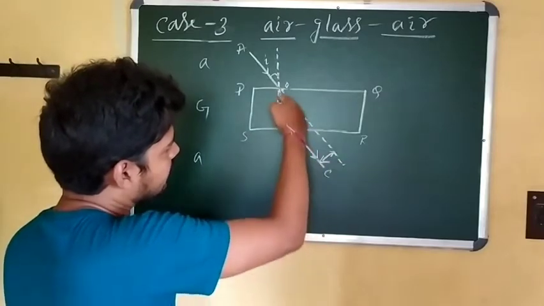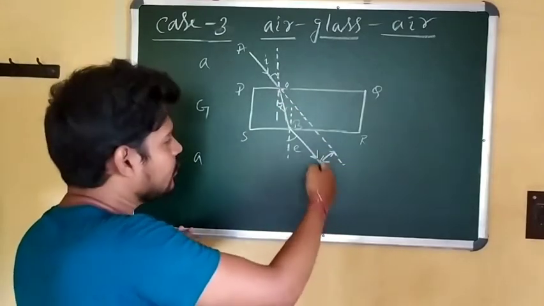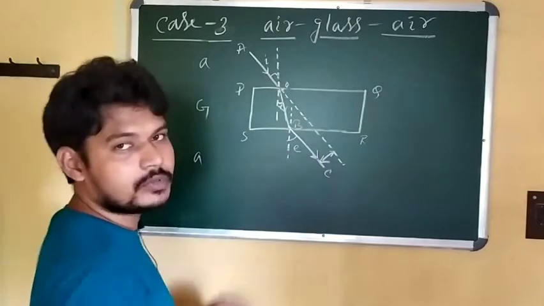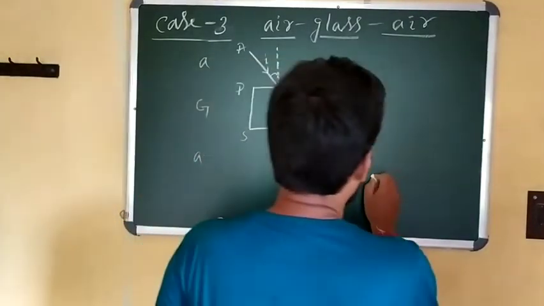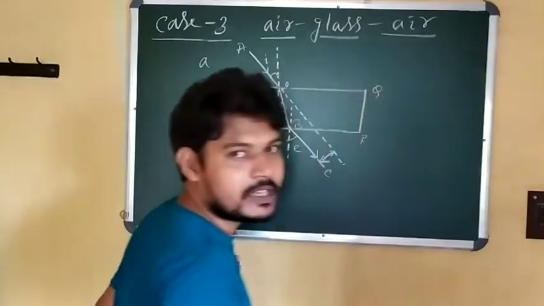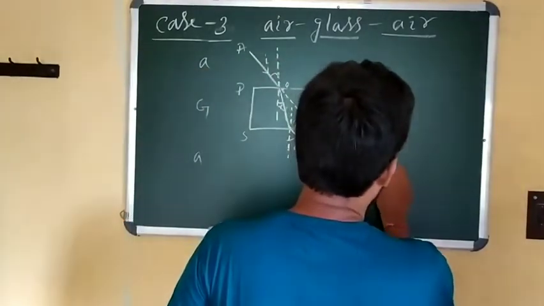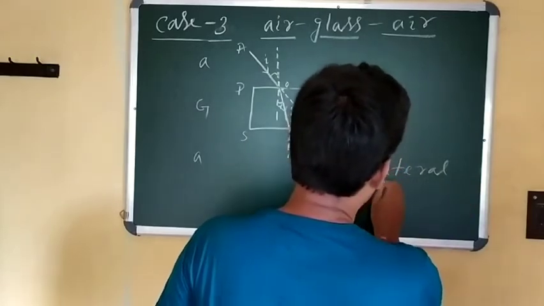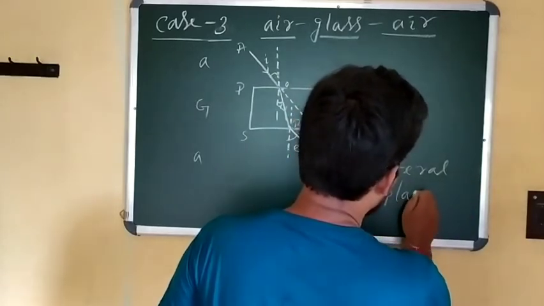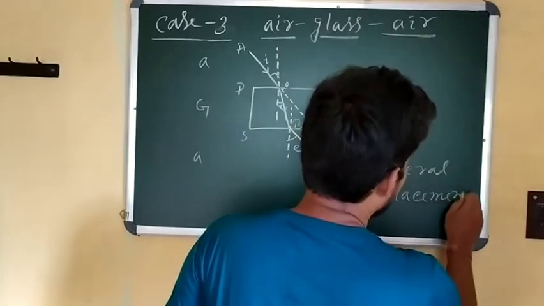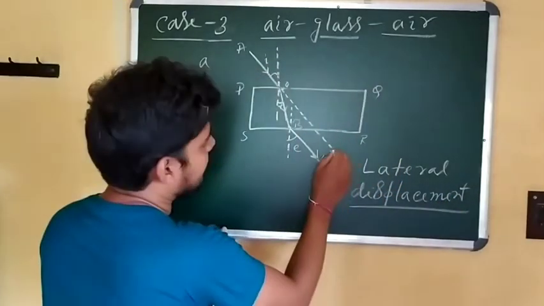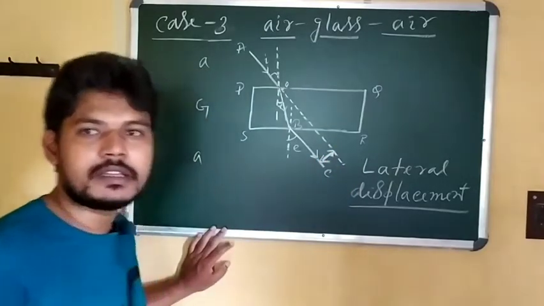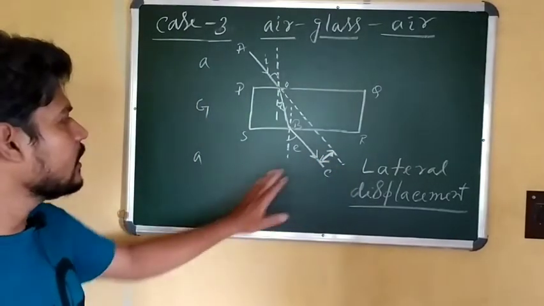Actually the dotted line is the original path. So there is a shift of this ray and it now moves through BC. It is called lateral displacement. The distance between these two lines is called the lateral displacement.